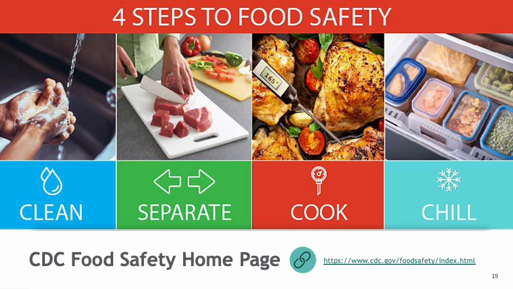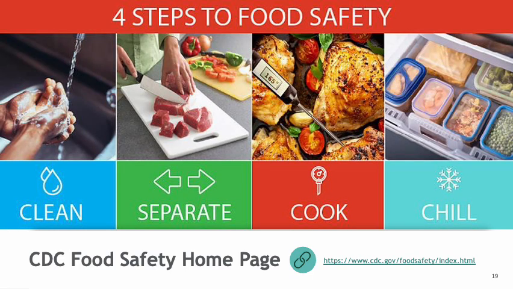So this is just a final slide from the Center for Disease Control and Food Safety at Home. And you can follow the link, but these are the 4 steps to food safety, and they are clean, separate, cook, and chill. So clean, we have been talking about cleaning, and in the case of food service and food processing, sanitation.